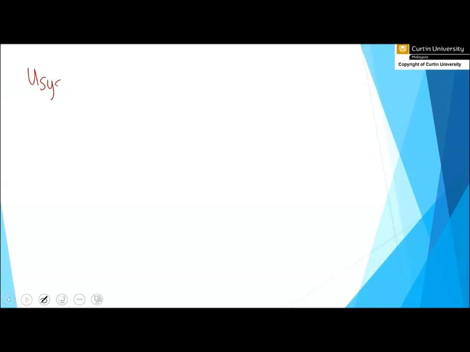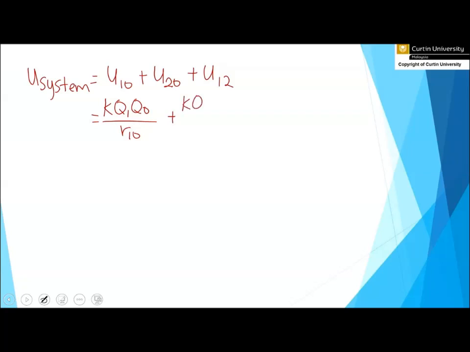The potential energy of the system is equal to the potential energy between 1 and O, plus between 2 and O, plus between 1 and 2. So you write down K Q1 QO divided by the distance between 1 and O, K Q2 QO divided by the distance between 2 and O, and K Q1 Q2 divided by the distance between 1 and 2. Right? So write down all of them.